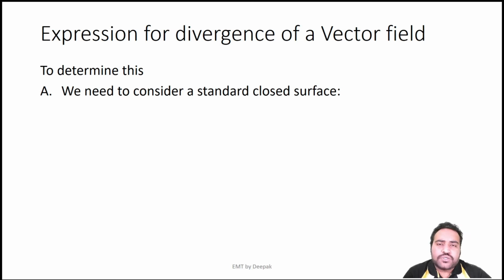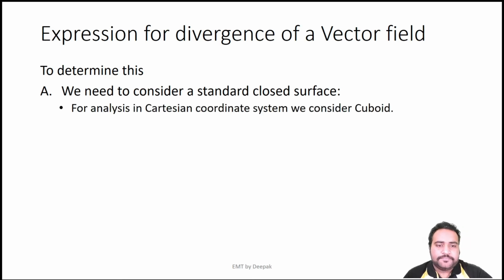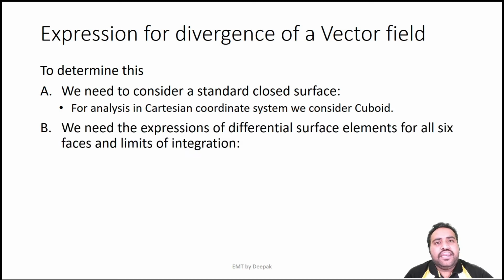In the Cartesian coordinate system, that standard closed surface is a cuboid of dimensions dx, dy and dz. Now, we need to find the closed surface integral. For that, we need the differential elements of the 6 different surfaces that we have already seen, and the limits of integration for the 6 different integrals.